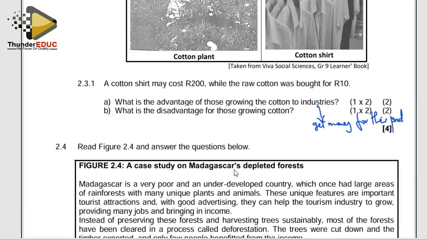Though it's a primary product, which has a low value, they get money for the sale of their products, and they can export the cotton, which means they can sell to other countries. It's an advantage to them. If they want to sell, they can export or sell to larger companies.